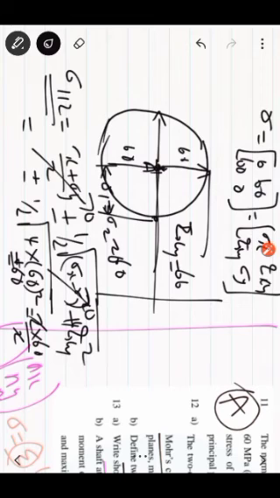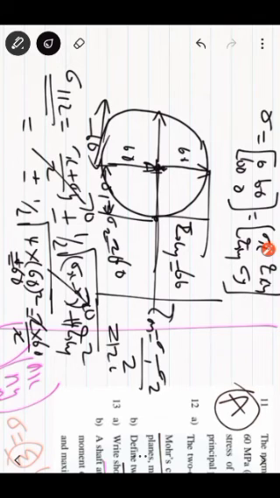So sigma 1 can be 60, sigma 2 can be minus 60, and tau xy is 60. So this is the value of tau max. How to find out tau max? Tau max equal to sigma 1 minus sigma 2 by 2, this is 120 by 2, that is equal to 60. So if it is Mohr circle you can do it, and if you know the formula, you just substitute, you can cross verify.